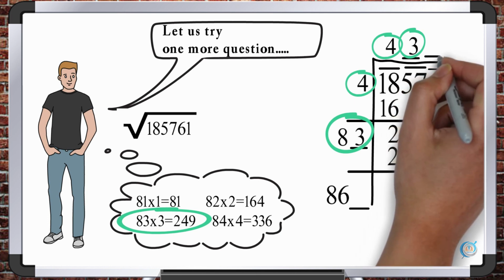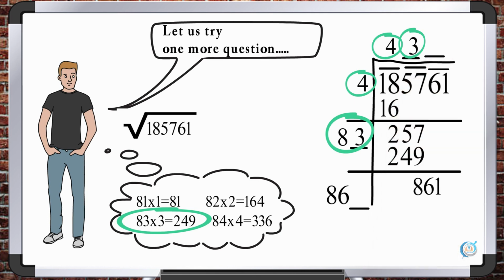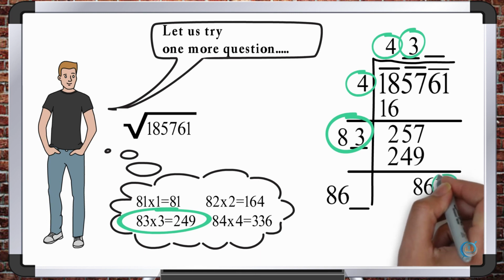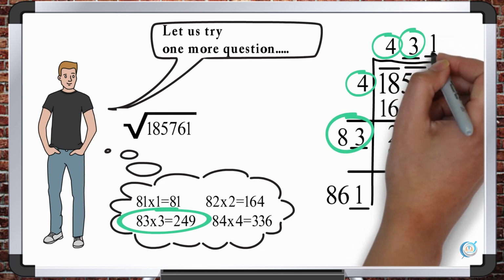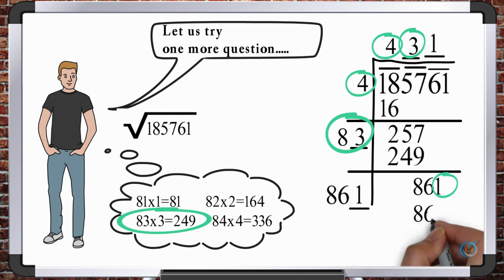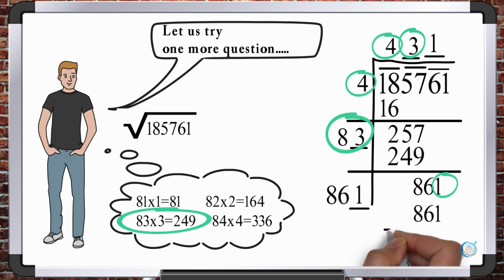So by checking the last number, here it is 1. So we can give 1 itself there. So if the unit place is 1, we know that the numbers will be either 1 or 9. So here if we give 861 into 1, it will be 861 itself, and the remainder will be 0.